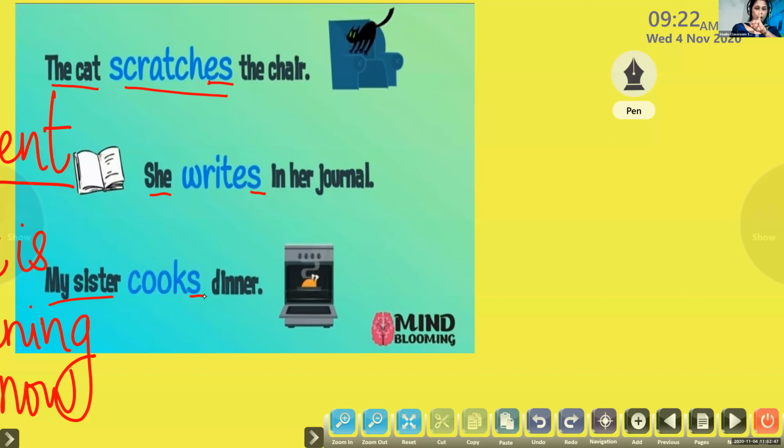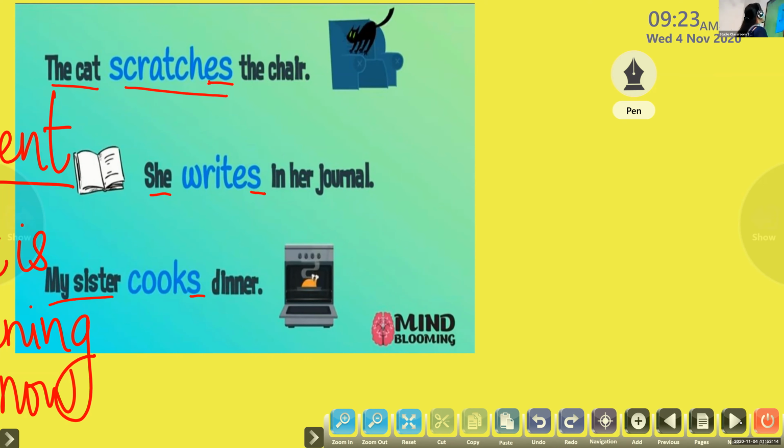If you're talking about one person, we have to add either s or es to the verb. If the subject is plural, please keep the verb as it is. So please do note, while we are writing the present tense form of the verb, the cat subject is singular, so we have added es to the verb. Here the subject is singular, so we have added s to the verb.